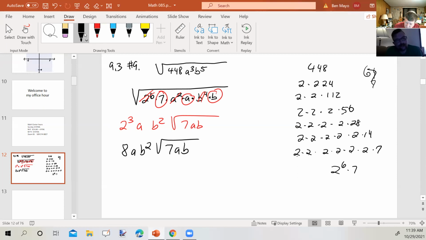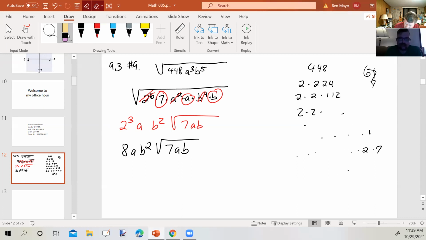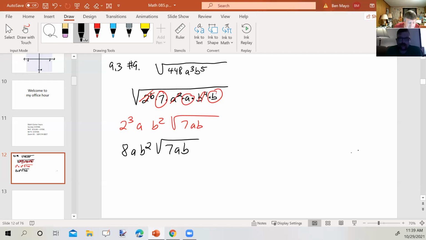Now what I want to do is show what the student that asked about this had. Their answer is this. They've got 8 times the square root of 7 times ab squared times the square root of a times the square root of b. Now, all the information that is there is correct, but what needs to be done is things need to be condensed more.